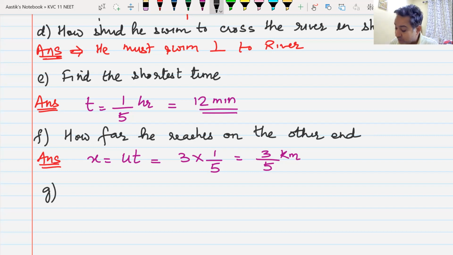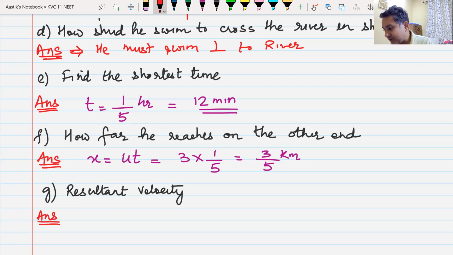Okay, the last question is, what is the resultant velocity? What is its resultant velocity? When I ask resultant velocity, I'm asking velocity of man with respect to ground.